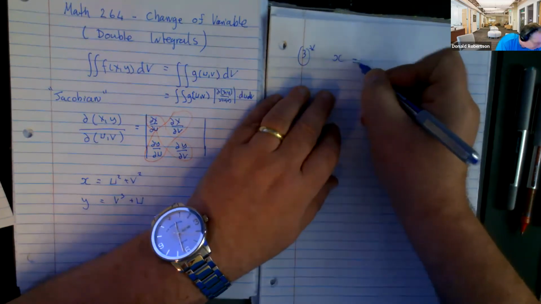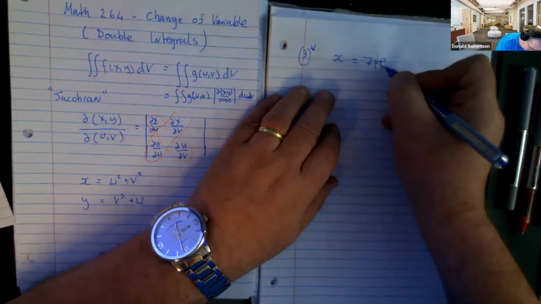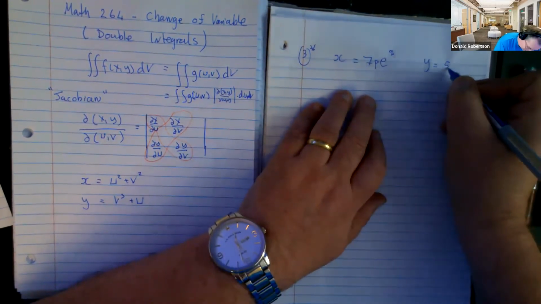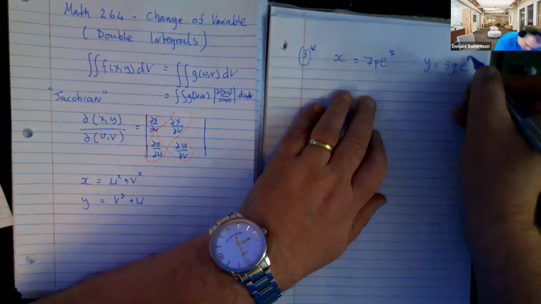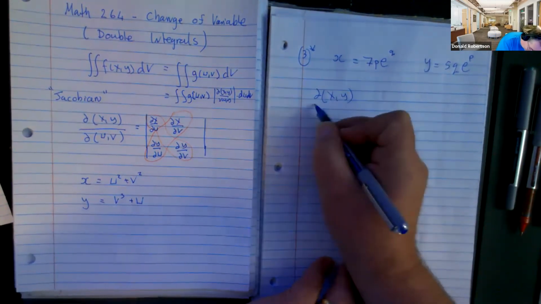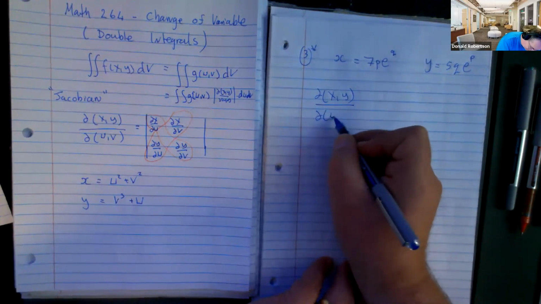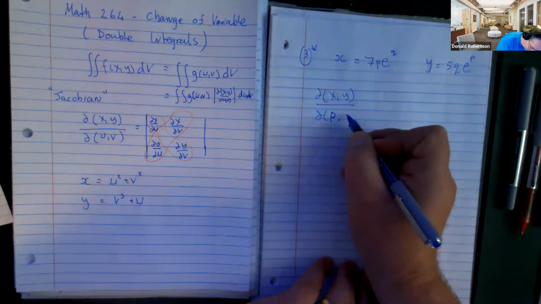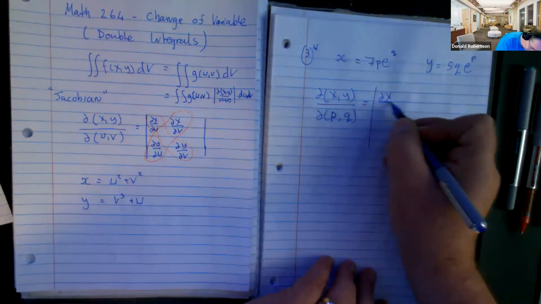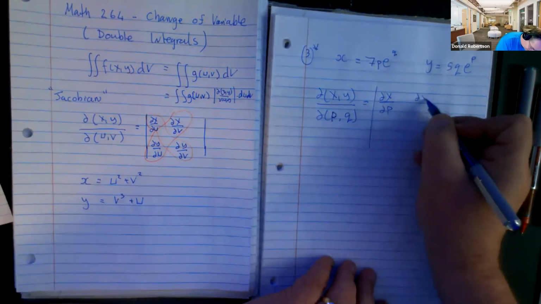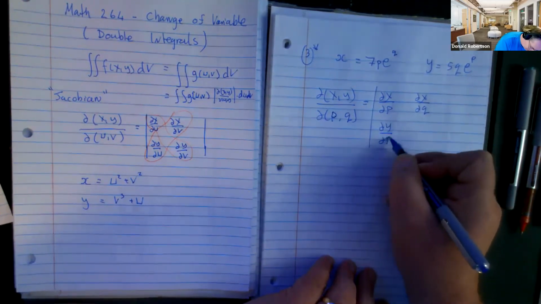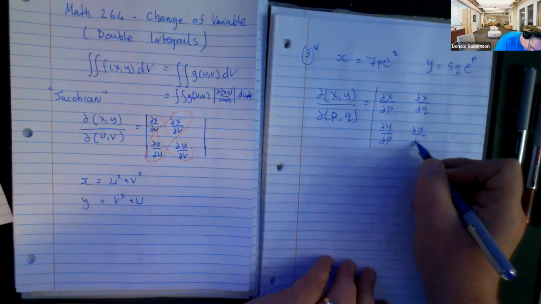x is equal to 7p e to the q, and y is going to be 5q e to the p. And the Jacobian is always that guy over whatever the other two variables are called. So partial derivative of x with p and then with q, partial derivative of y with p and then with q.